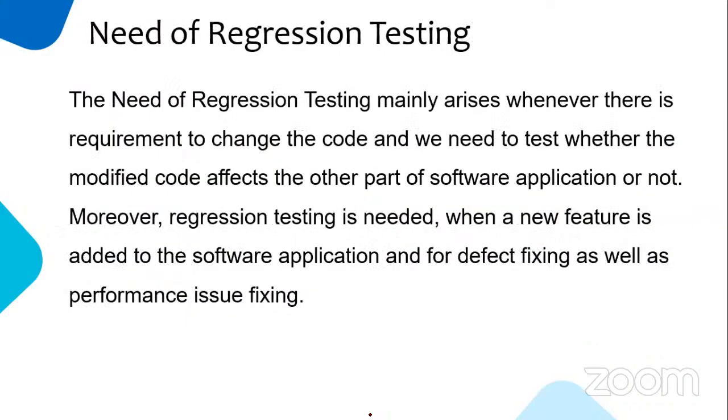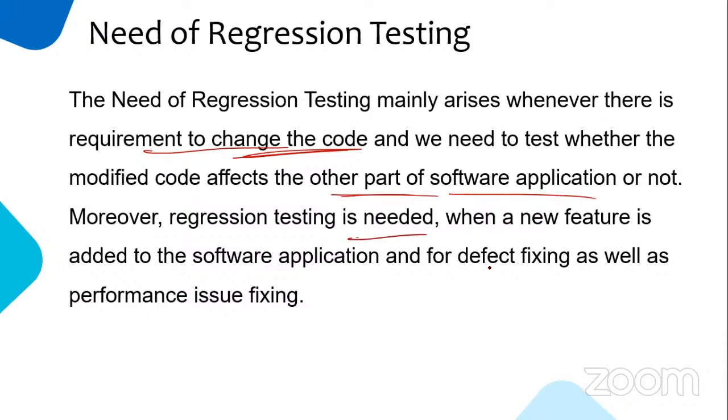The need for regression testing is, of course, that when you give it to the customer, we have to make sure everything is working fine. That's the main reason. Whenever there is a requirement change, that is a requirement to change the code, we need to test whether the modified code has not affected the other parts of the software.